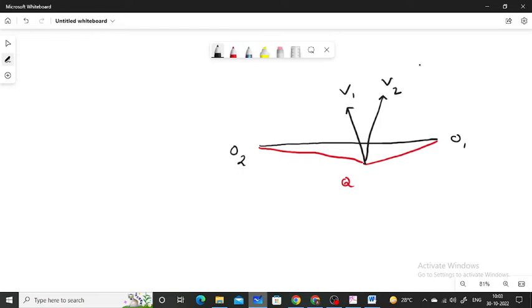Okay, the common normal of these two wheels is Mn.